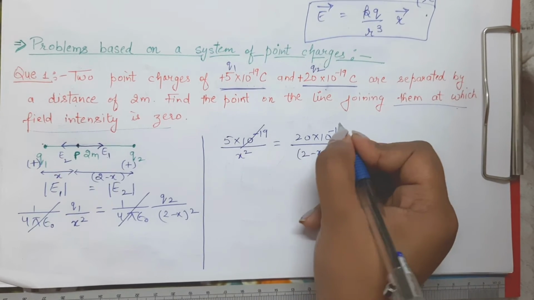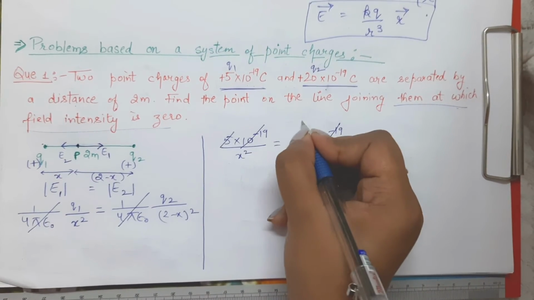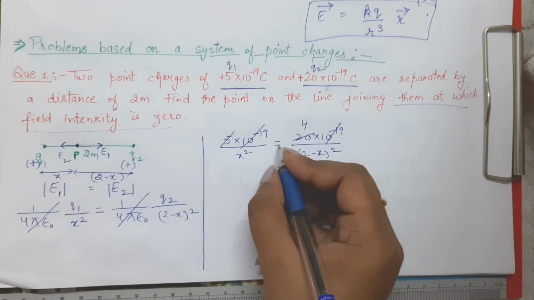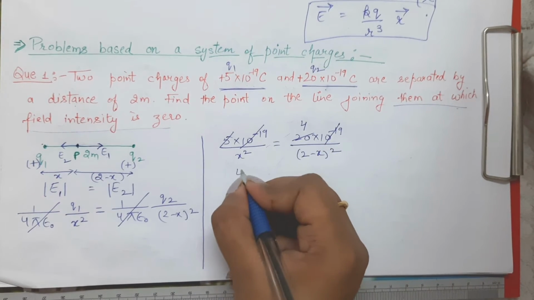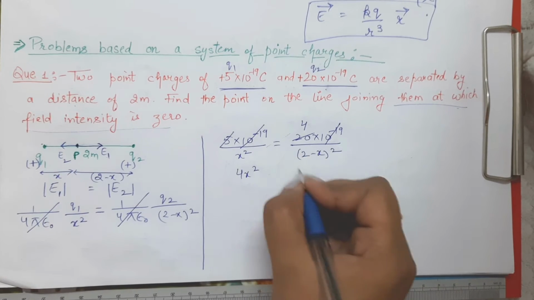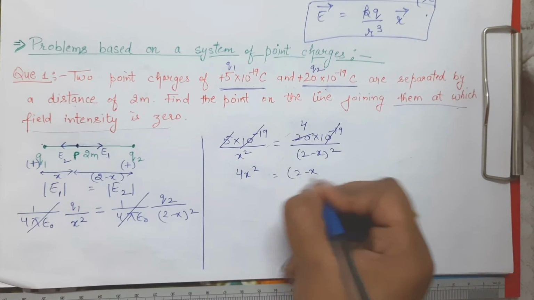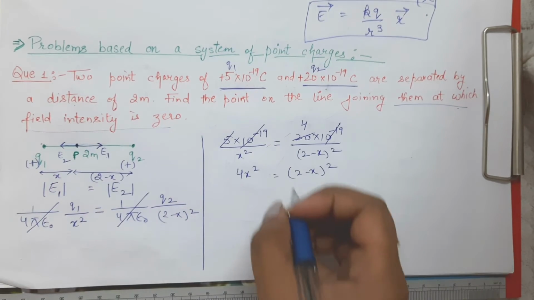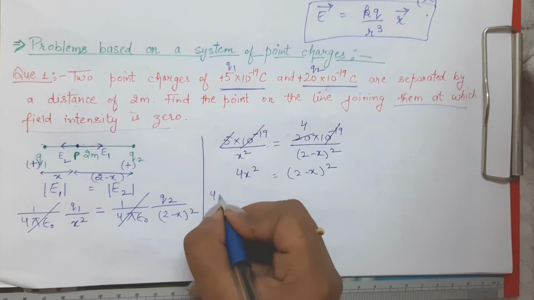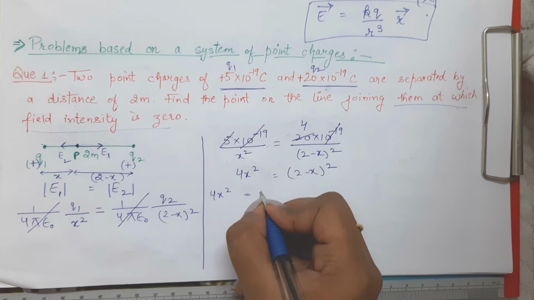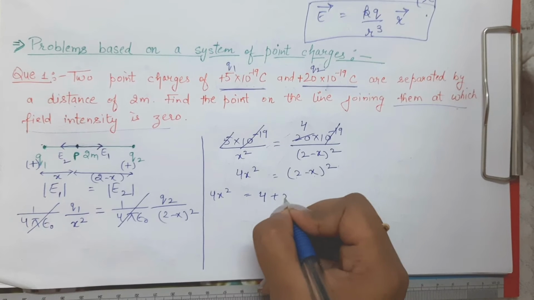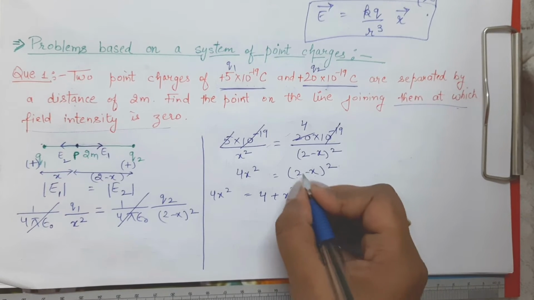This will cancel out, 5 fours are 20. On cross multiplying, we get 4x square equals 2 minus x whole square. Now 4x square equals a minus b whole square, that is a square plus b square minus 2ab.